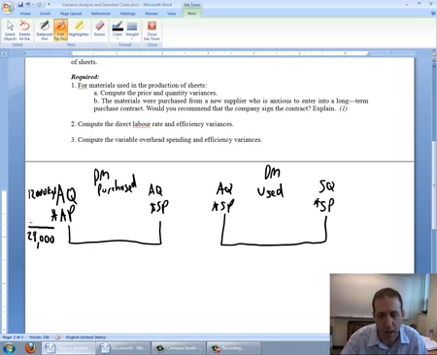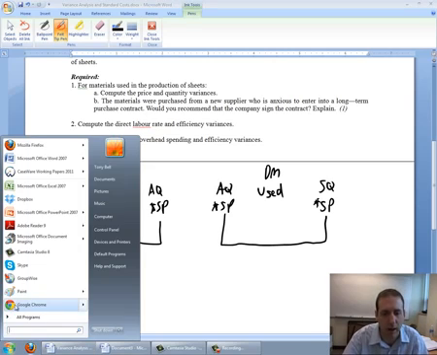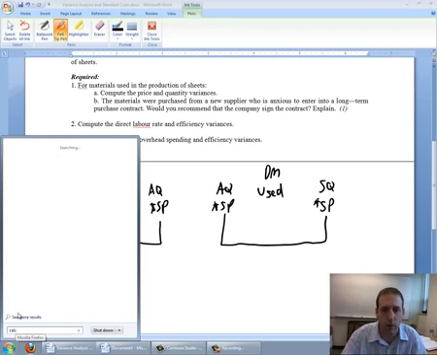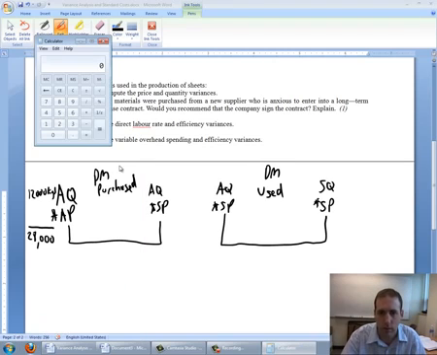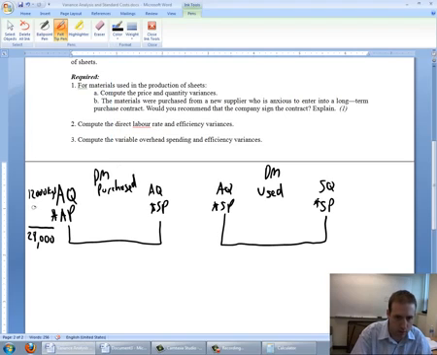So I can figure out my AP, my actual price, by working backwards, and I'll pull out the old calculator tool here. 28,000 divided by 12,000 is 2.333. So I actually paid $2.333333 per kilogram for materials.